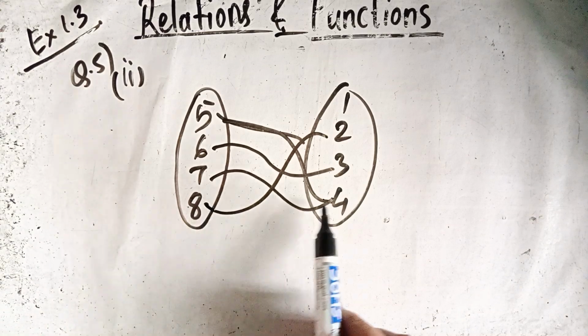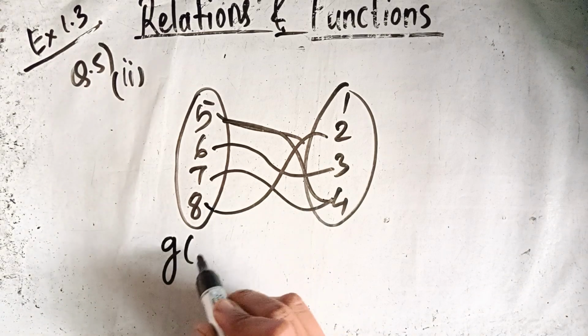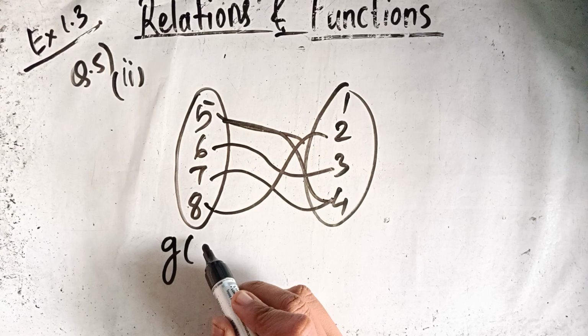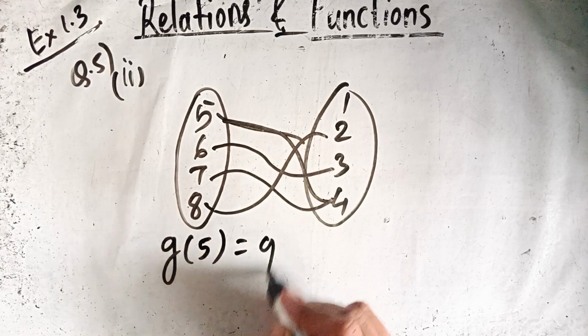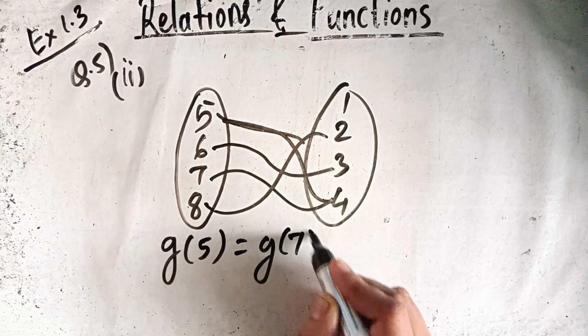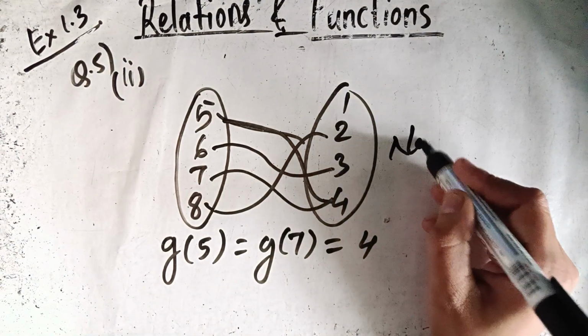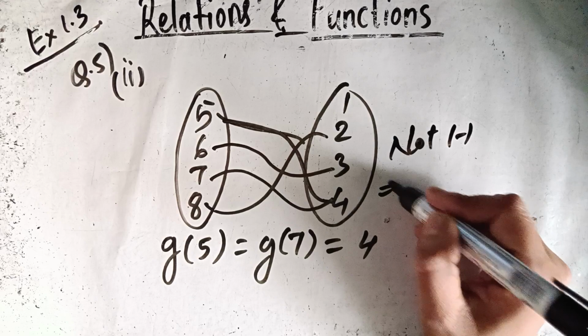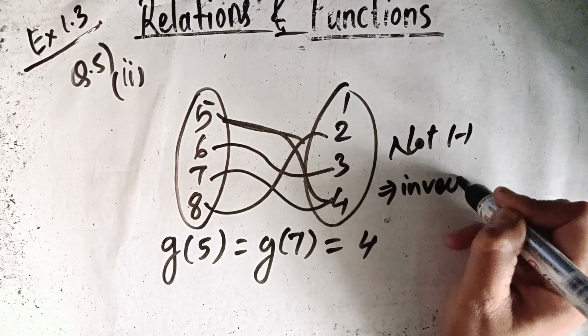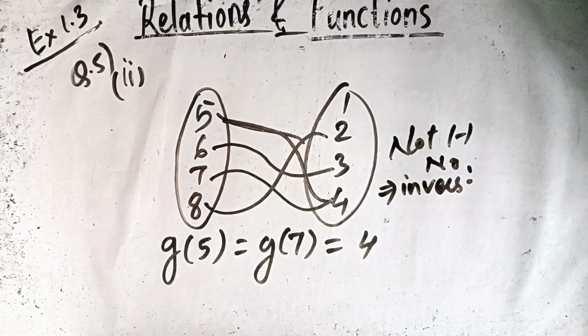Okay, here also the same thing, that is, g of 5 and g of 7 are same. So this again is not one-one. Not one-one, so we can say that there is no inverse. Okay, next question.